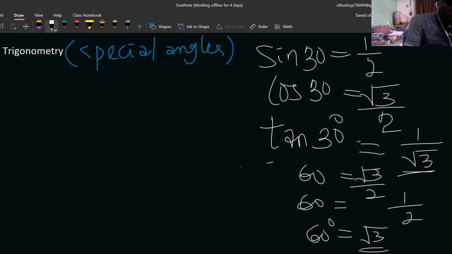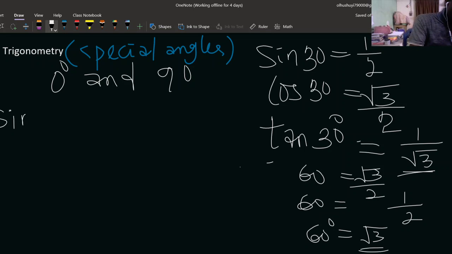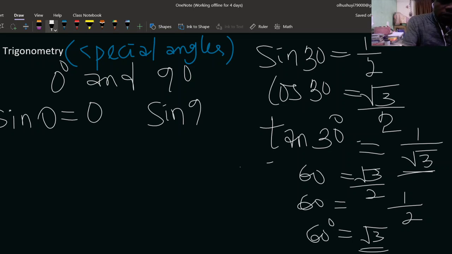Their values are between 0 and 1. So you don't have to cram them. It's simple. Sine 0 is 0. Sine 90 is 1. I can draw the graph and you will easily identify that.